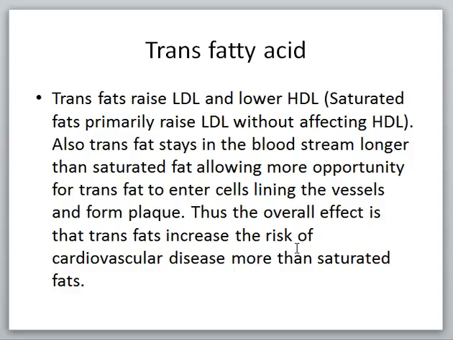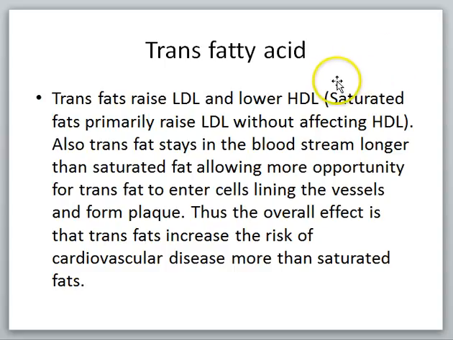Now, the reason that we've heard so much about trans fatty acids in the news over the last decade is because trans fatty acids pose more of a health risk than do naturally occurring saturated fatty acids. So, trans fats tend to raise the low density lipoproteins and lower the high density lipoproteins. These lipoproteins are the carriers for cholesterol.